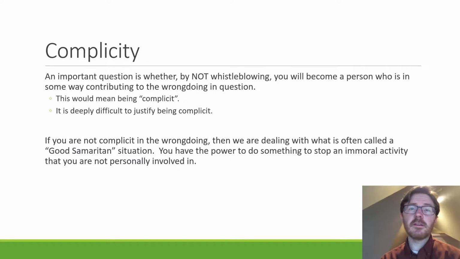Now, one question that you might have in whistleblowing is the question of complicity. This is another approach to things. This is the question: if I didn't whistleblow, have I become a person that is causing the bad thing to happen? Perhaps I'm signing the papers.